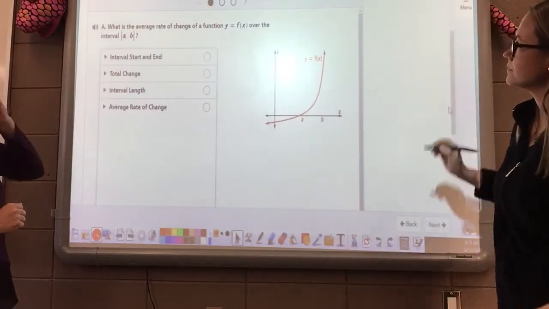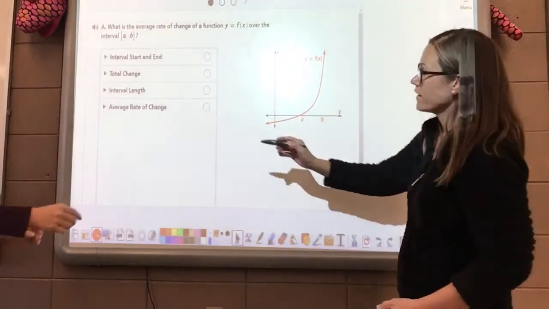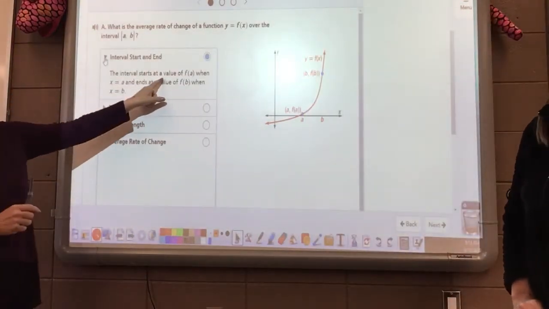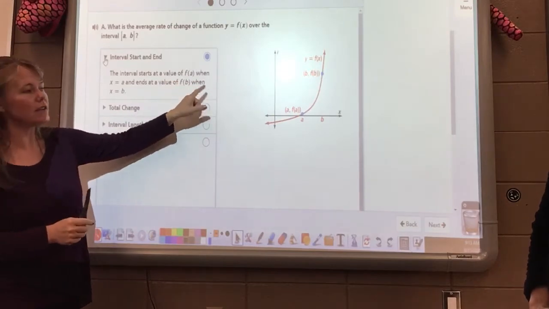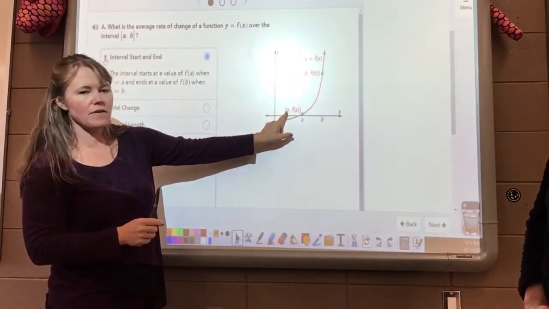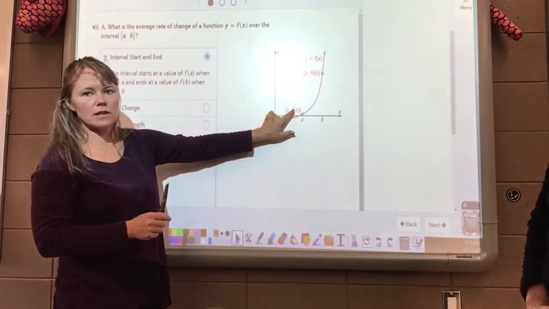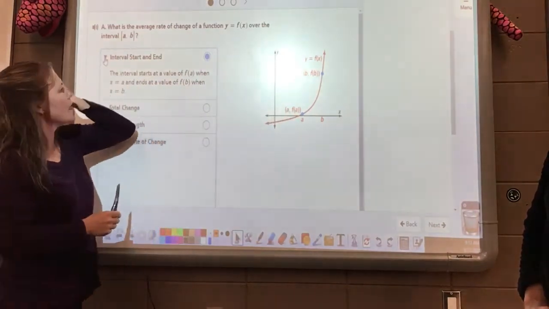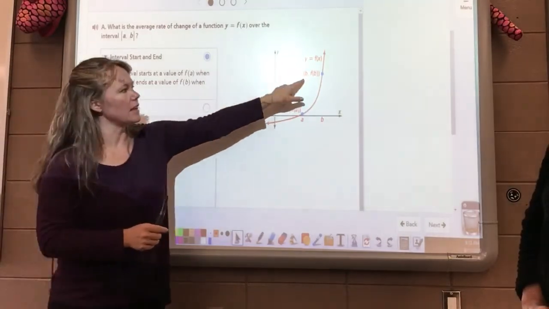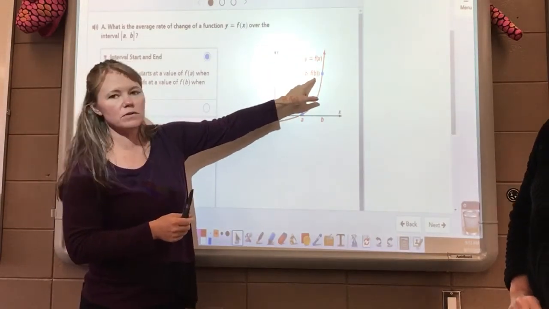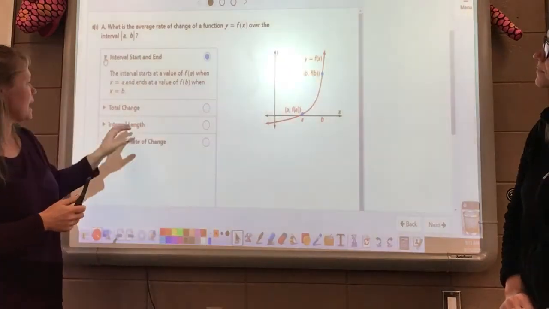So the interval starts at a value of f of a. So again, you have the a value, that's the start of your interval. You're going to need to calculate usually the y value that goes with it. And then the b value, calculate your b value, or your f of b, so your y value that goes with that.